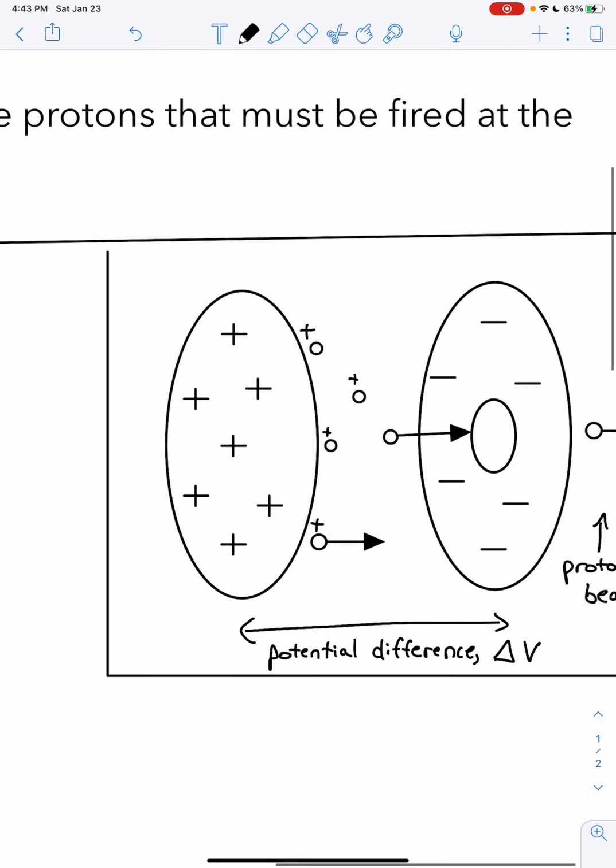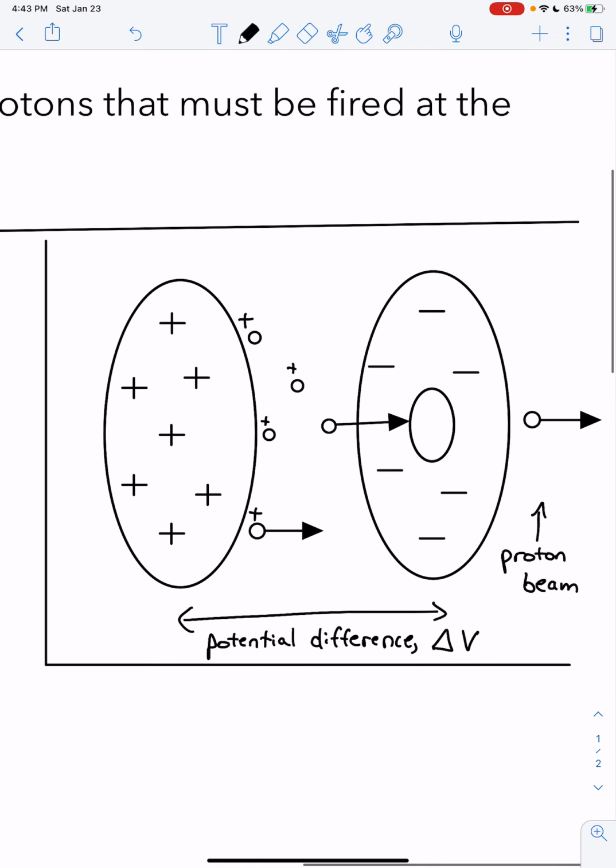Now that we've got a visual look at how this is going to work, knowing that we're taking charged particles and accelerating them through this potential difference, which we were told, let's start working through some numbers. How is this going to work?